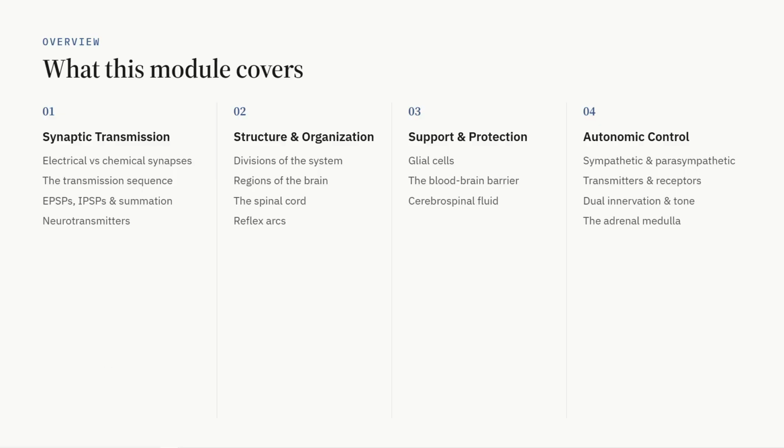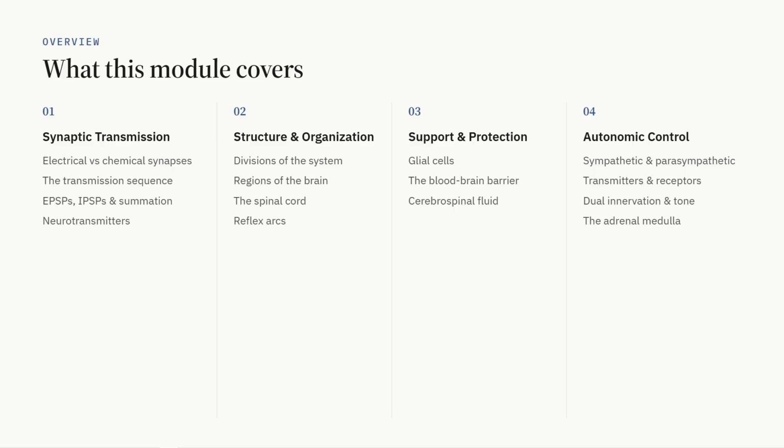Here's the roadmap for the next module. In 4 parts. First, synaptic transmission, how neurons actually talk to each other, including the different flavors of postsynaptic response and neurotransmitters involved. Second, structure and organization, the big anatomical map. Central versus peripheral, the regions of the brain, the spinal cord and reflexes.